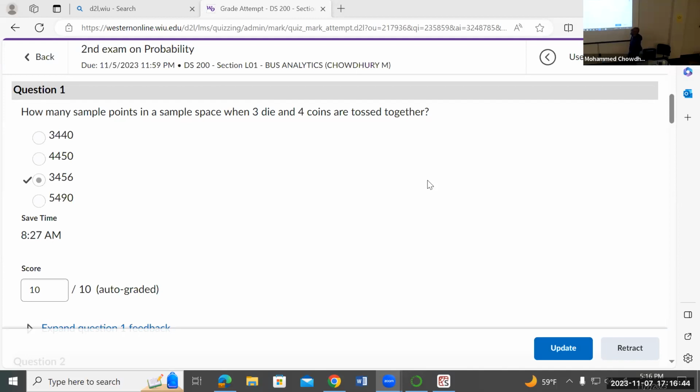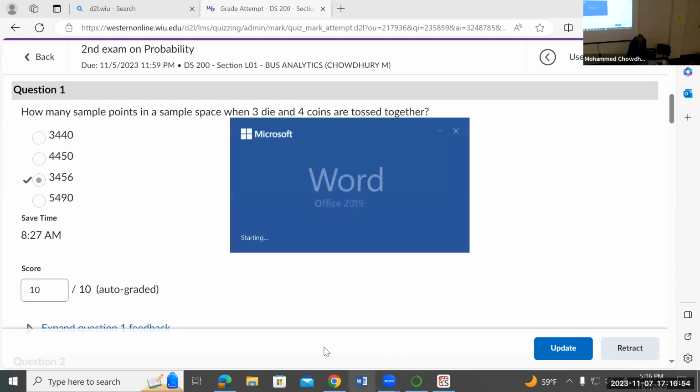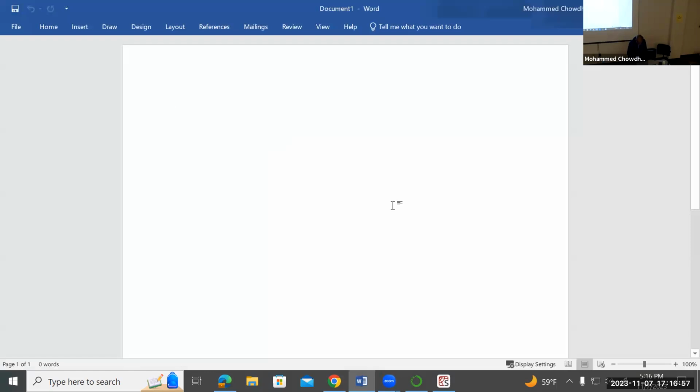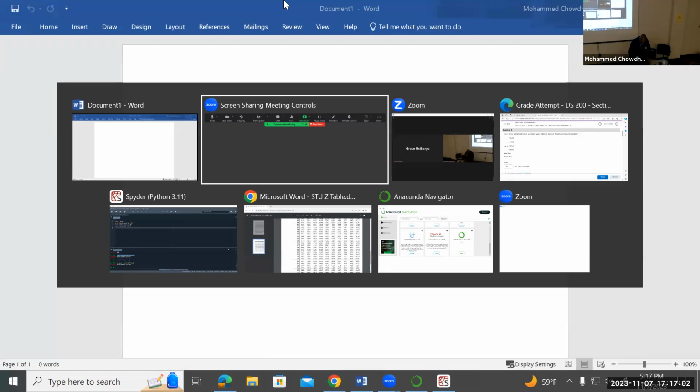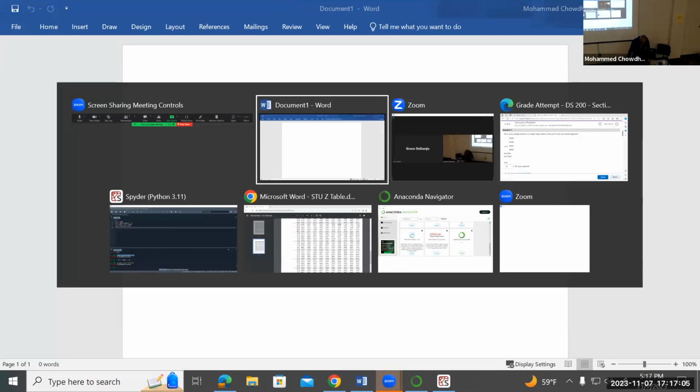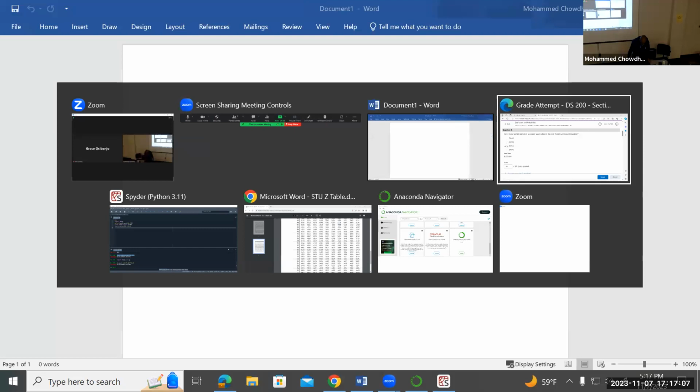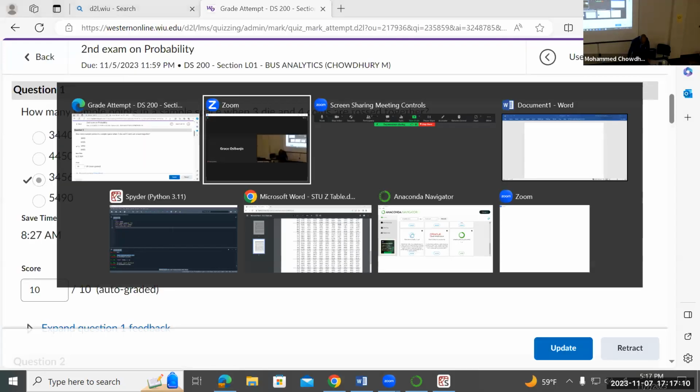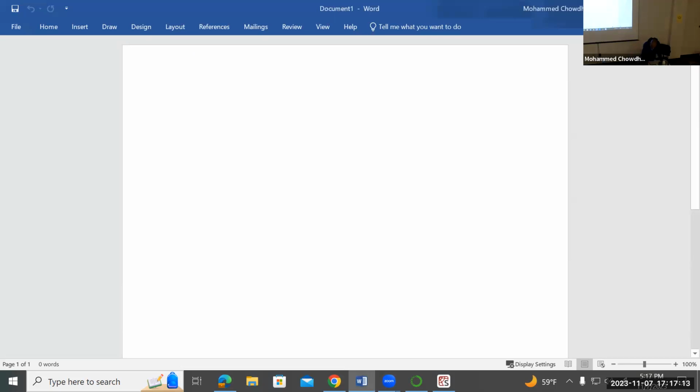Okay, so this is the question. How many sample points are in a sample space when 3 dice and 4 coins are tossed together? Okay, so this is the answer. Let me bring it in there. 3 dice and 4 coins.